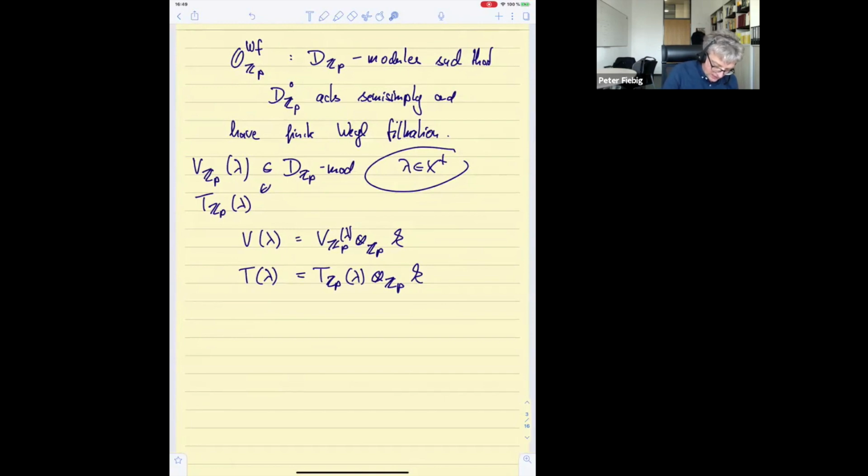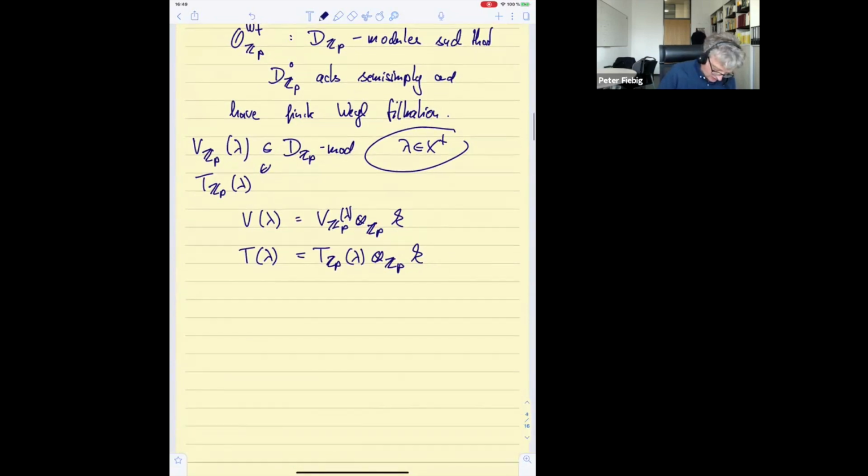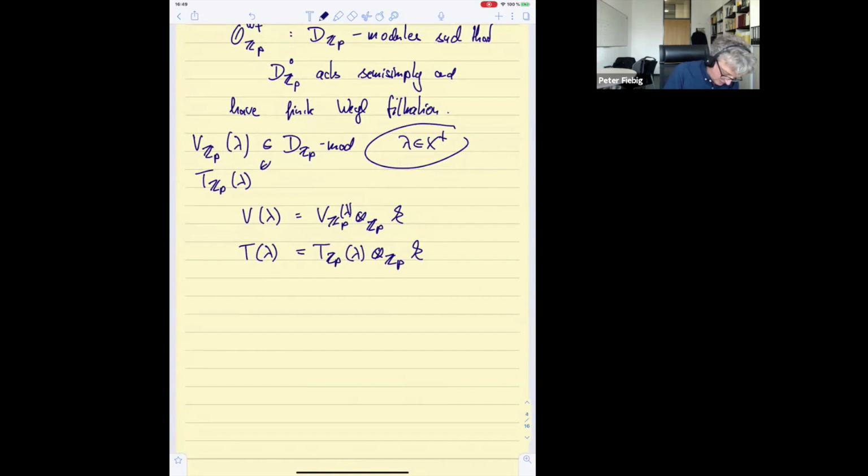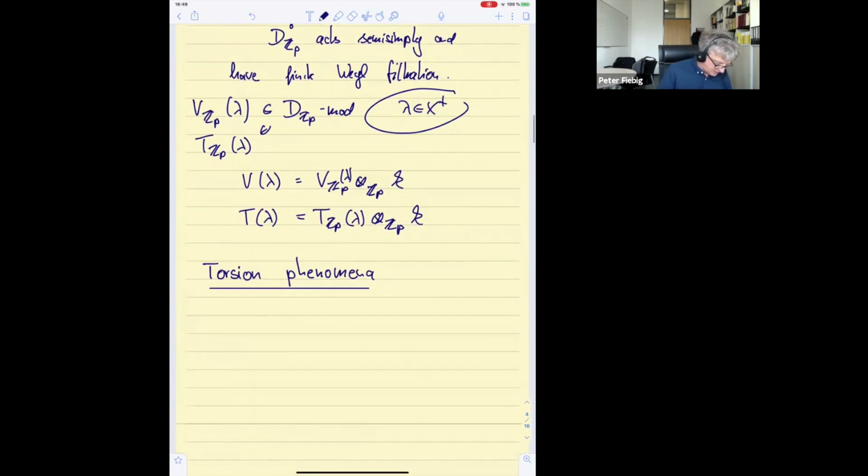So now we try to understand these tilting modules over the p-adic integers, and now let me tell you maybe the first idea that I would want to present in this talk. We are now interested in torsion, so torsion phenomena.